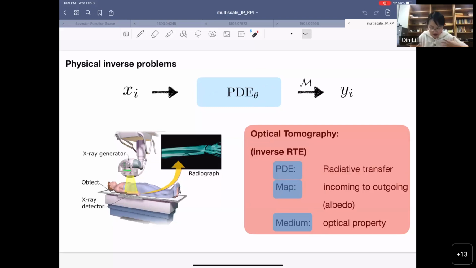The data that you can collect is you send some light onto the skin, and you collect the light that goes out of the skin, and you use the incoming to the outgoing light to reconstruct the optical property in your human body. The mathematical term for this incoming to outgoing light information is called the albedo operator.